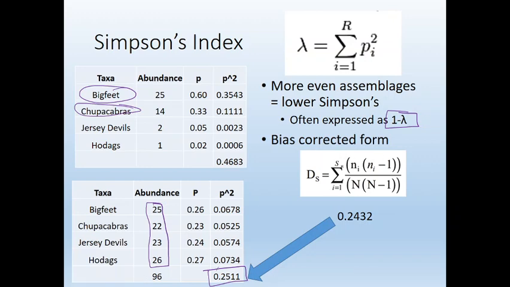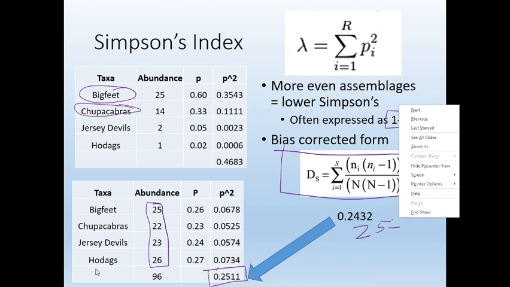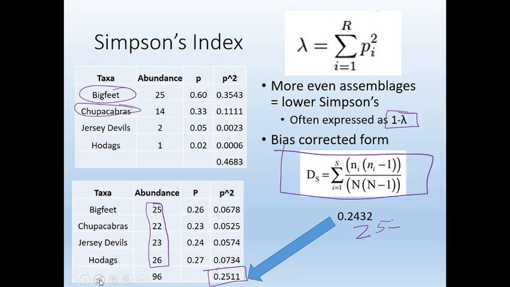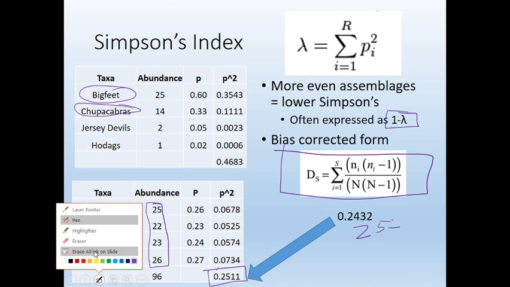Now there's another form, this bias corrected form. You can use that, and all it is doing is taking this n_i, which would refer to this 25 here.